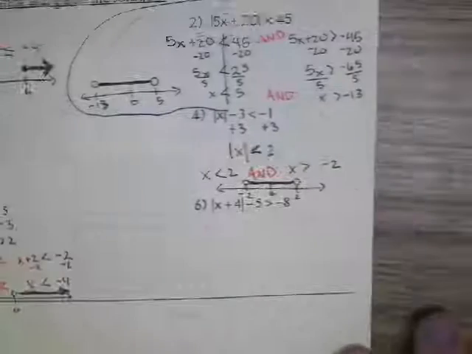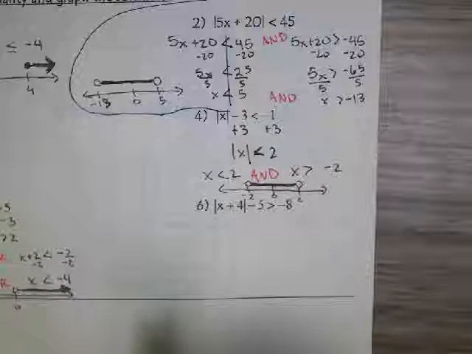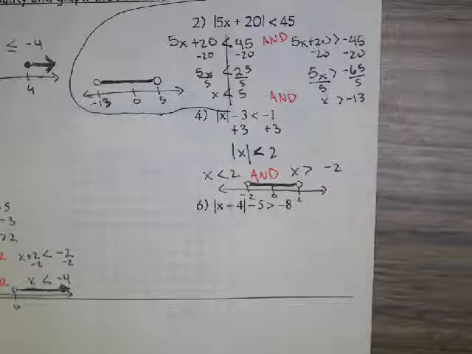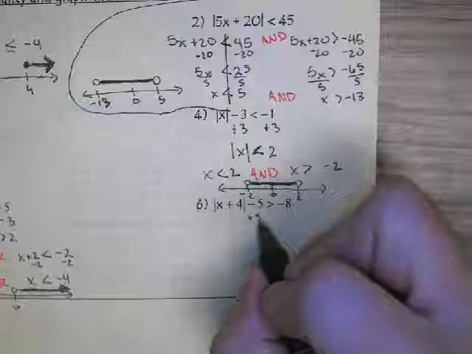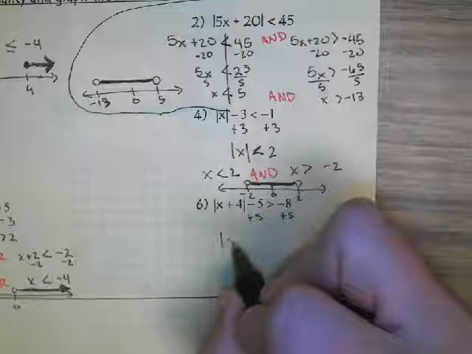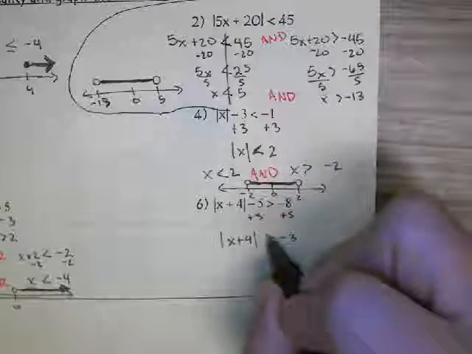Number 6, always that first step: do I have values on the outside of my absolute value? If so, we must get rid of those numbers before we can even think about what the absolute value is doing. So let's isolate that absolute value by adding 5 to both sides. And we have the absolute value of x plus 4 is greater than negative 3.